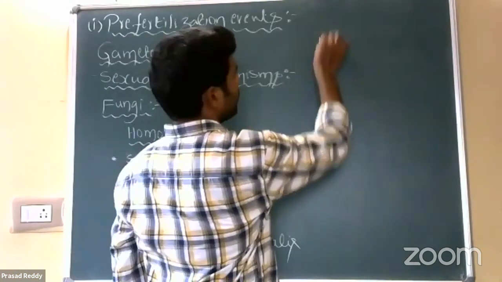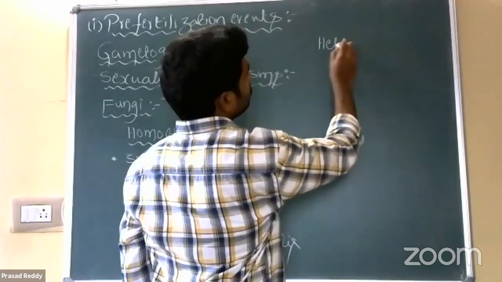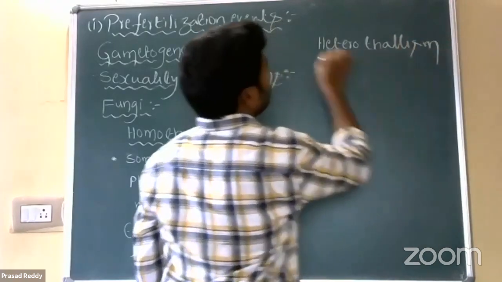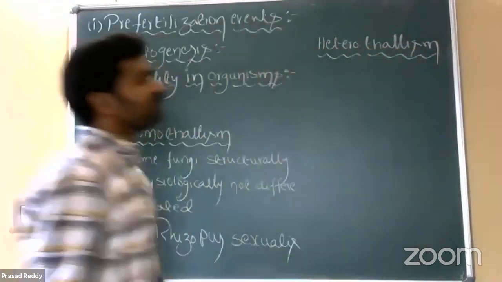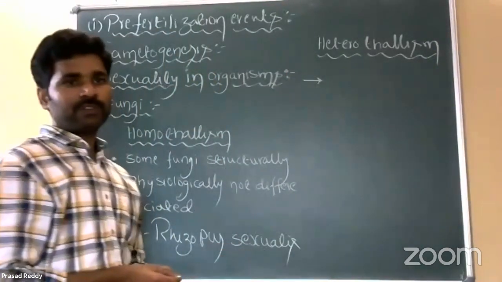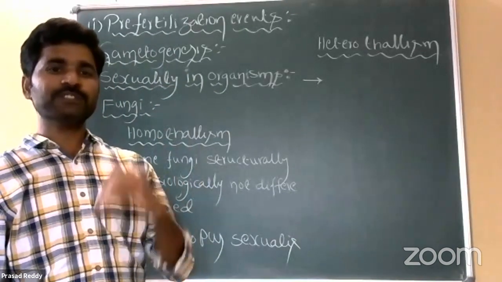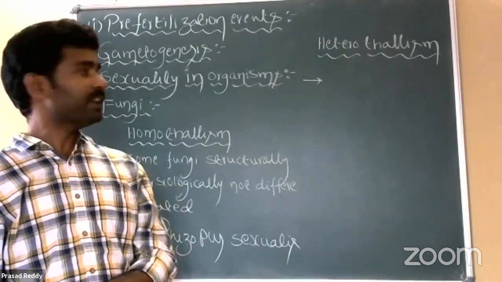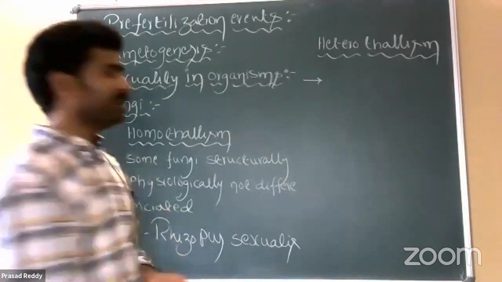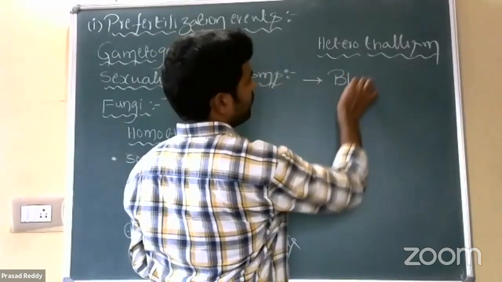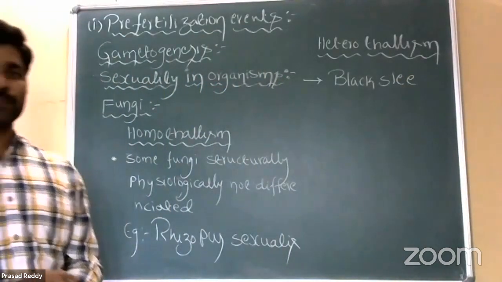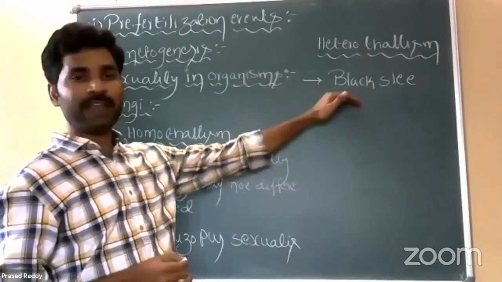Then come to heterothallism. So what is heterothallism? Hetero means different. Thallism, as usual, thallus. See here, in some fungal members, structurally they are similar, but physiologically they differ. That heterothallism concept was first explained by Blakeslee, the scientist.